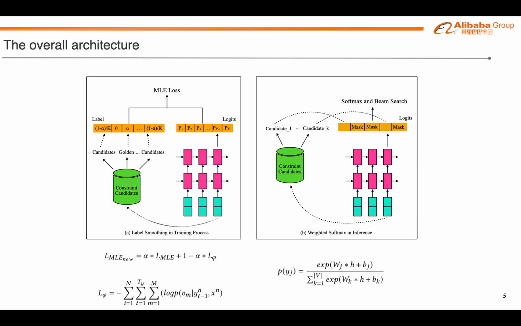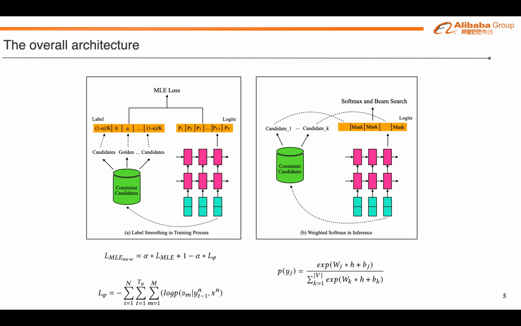In the inference process, we first query the database of candidates and get all the words that are related to source words. In beam search, we mask all the words in the vocabulary except candidates and calculate softmax on candidates like the formula below the picture.